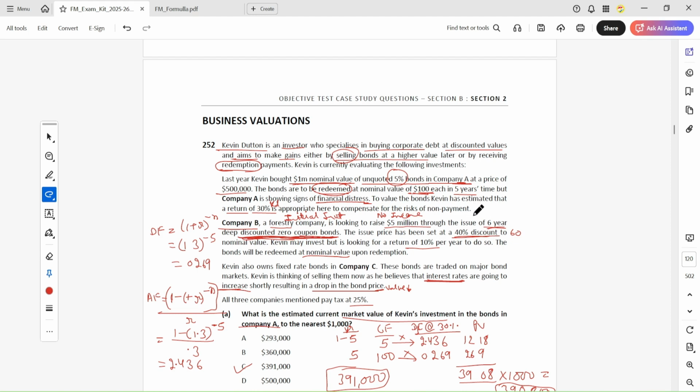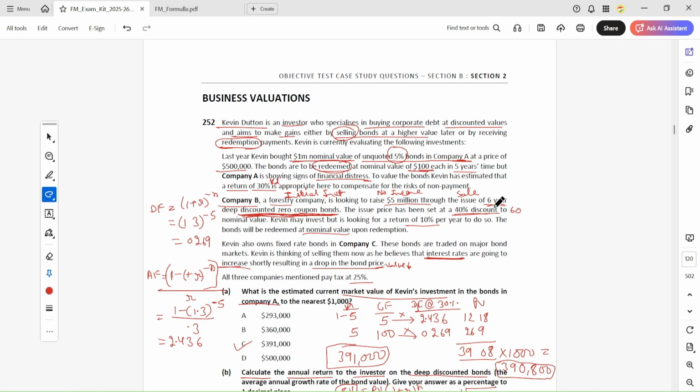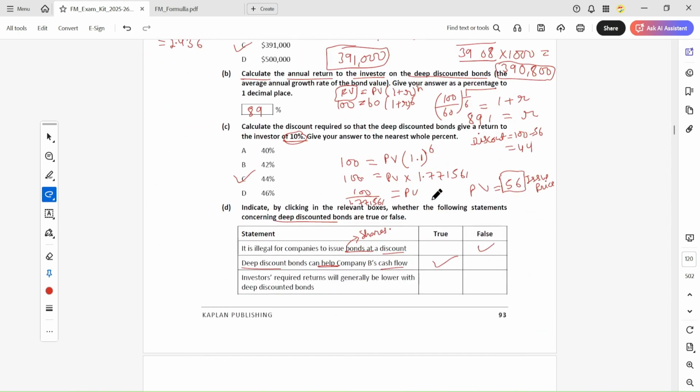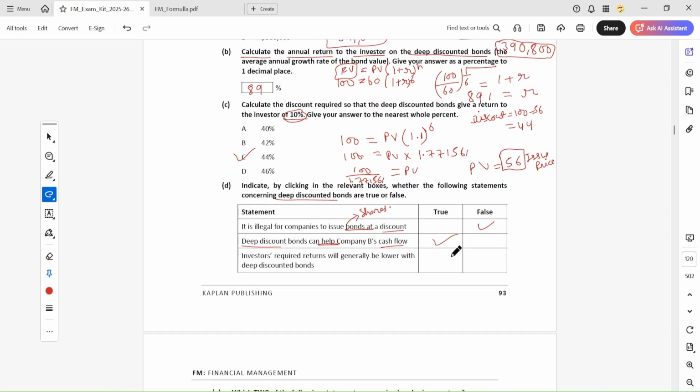And when we have to pay the redemption value, we will get the value after the selling of the plants. The stage of the forestry company, the investment and cash flow required, match with the deep discount bond, so it will help the company manage the cash flow. So this is true.